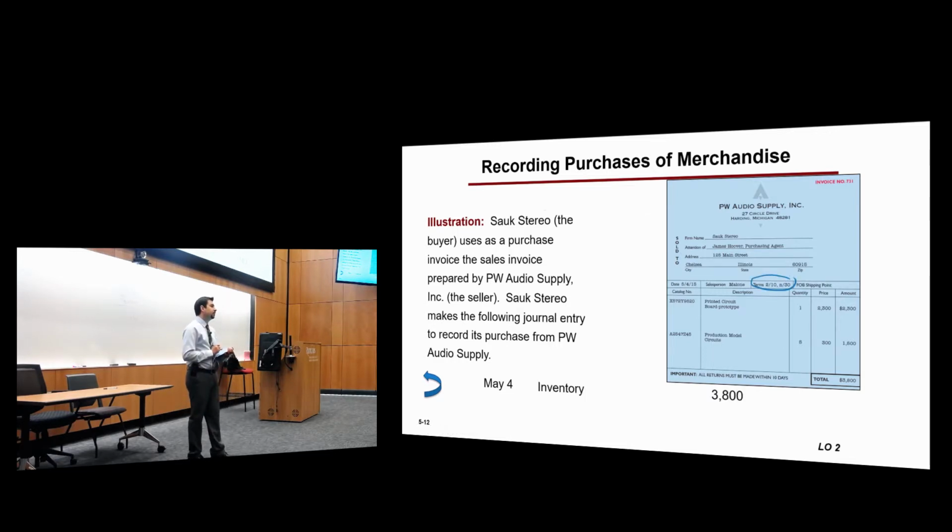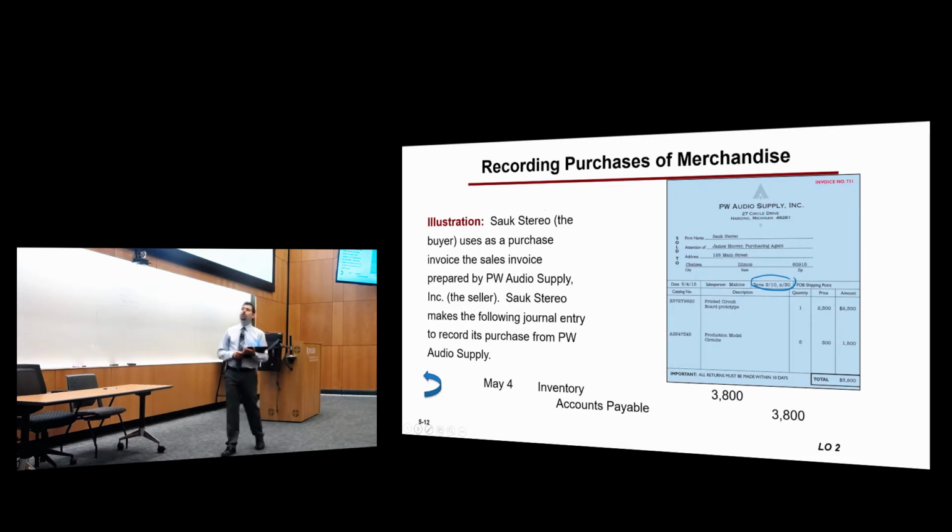So they didn't pay. When they send them an invoice, it means they did not pay in cash. So it is accounts payable. And you have the full amount, 3,800. Okay? Any questions? So this is to record the actual purchase.